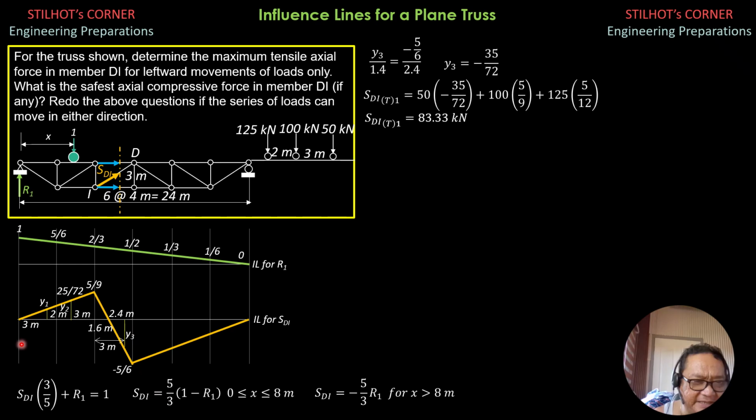So y1 is to 3 equals y under the 100 kilonewton load. 125 would be, if 50 is here, next is distance 3 meters, then 2 meters. The total distance is 5 meters. So this should be 3.